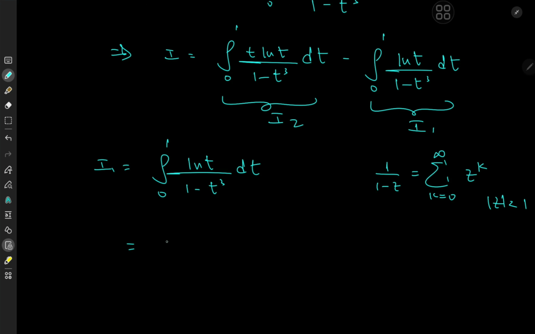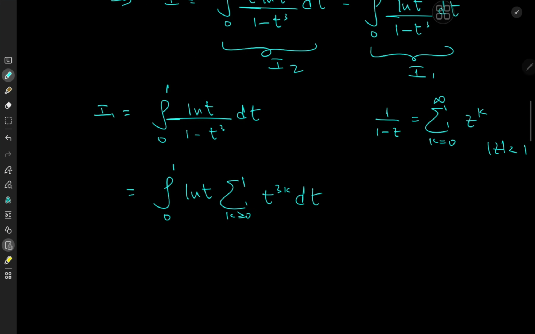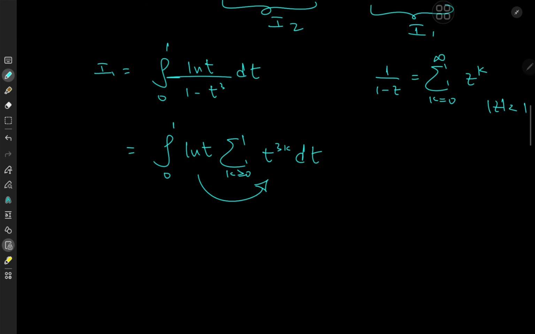So this thing can be expanded as the integral 0 to 1 of log t times the sum over k of t to the 3k dt. Of course, we can multiply out the log term so that we have the integral 0 to 1 of the sum over k of t to the 3k log t dt.